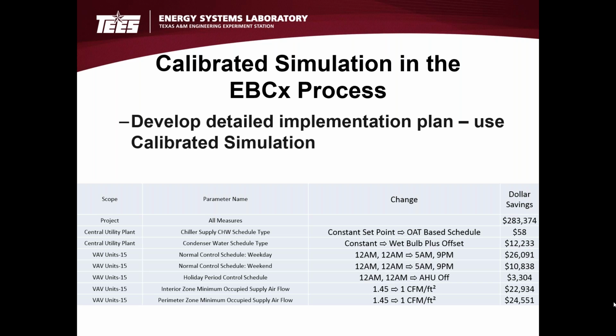Here I just have an illustration of several for one site, and it becomes very useful then when you get to your implementation plan, because you now have detailed information on how much savings will be produced from individual measures. We typically don't like to provide this information to the client at an early stage.